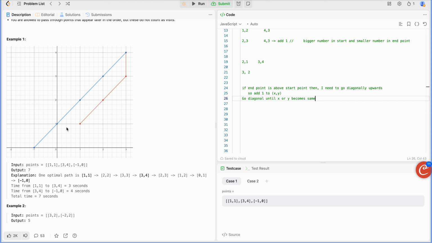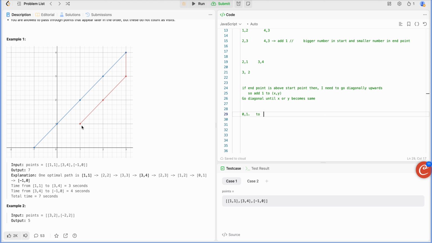Suppose I'm here and then I need to reach this point, from this point to this point, then how would I reach from this point? Why am I making this problem so complex? I feel like I'm overthinking. It is a very simple problem and I'm taking too long.